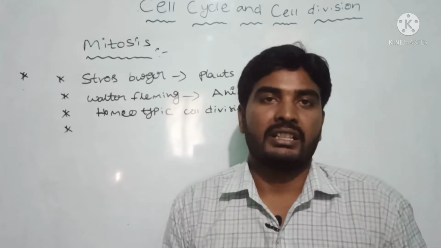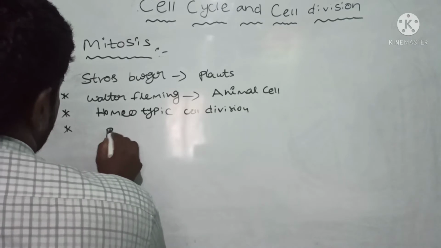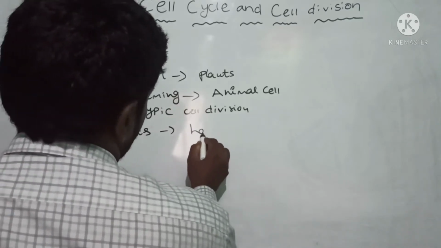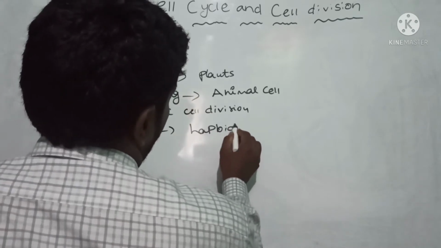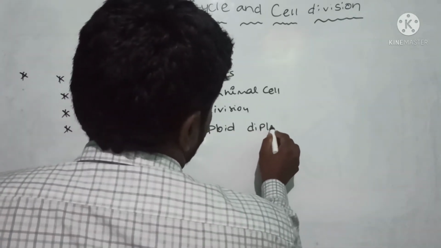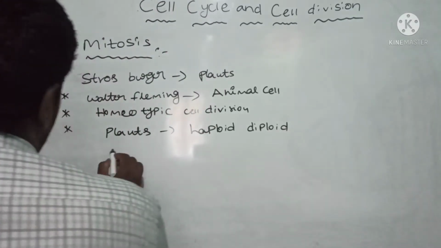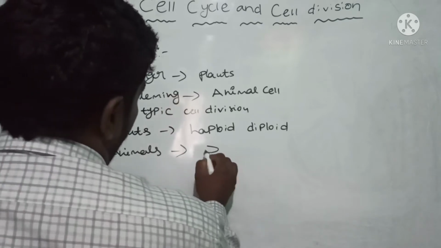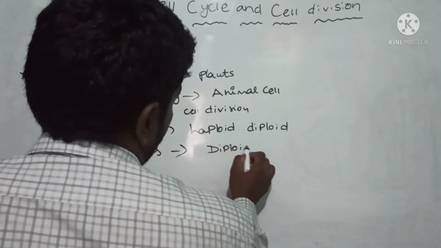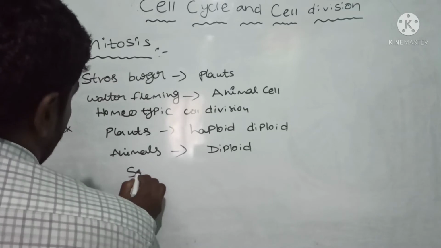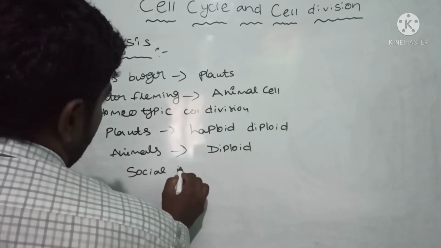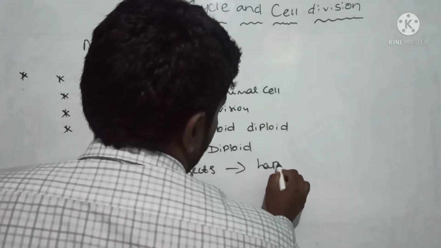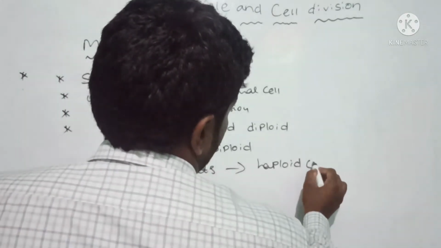So plants have both haploid and diploid cells, and animals only diploid cells, except some social insects, where haploid cells also divide mitotically.